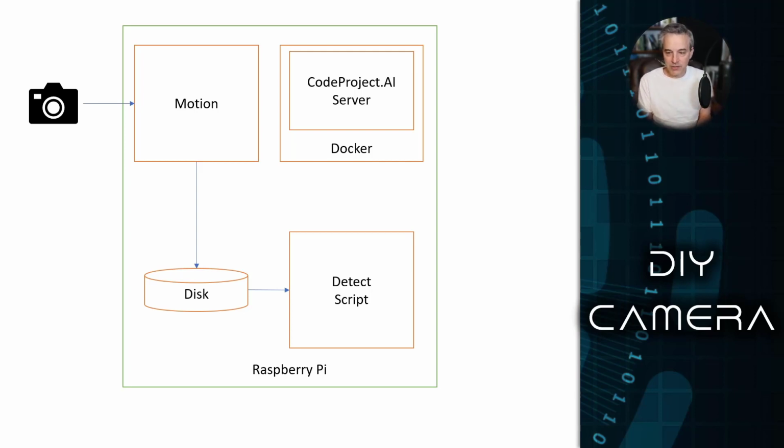So my detect script takes the image that Motion wrote to the disk and sends it up to the CodeProject.AI server. And then if it finds anything, CodeProject.AI server is going to return the results back to the detect script, and the detect script will then put that onto a queue. After it puts that onto a queue, after about a minute interval, the script is also going to be looking for things in that queue.